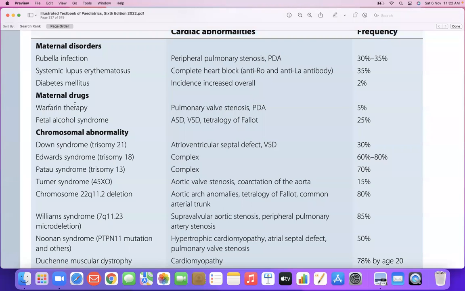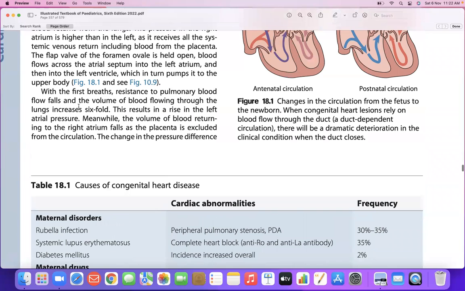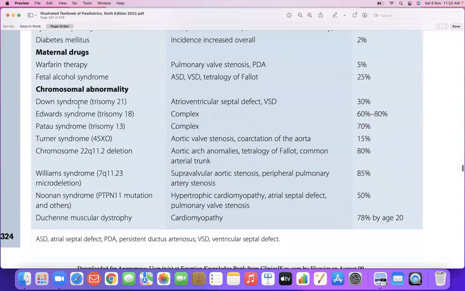Then maternal drugs, what we said as external teratogens. The external teratogens which can cause it are warfarin and fetal alcohol syndrome. As I told you, consumption of alcohol during pregnancy can cause ASD, VSD, and TOF, tetralogy of Fallot. Warfarin therapy is associated with pulmonary valve stenosis and PDA.